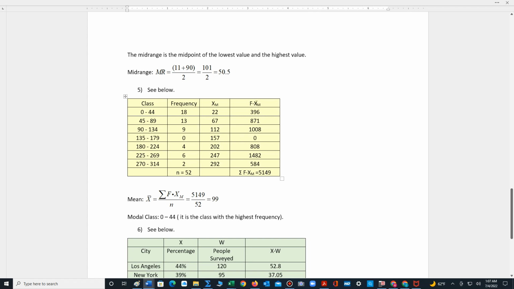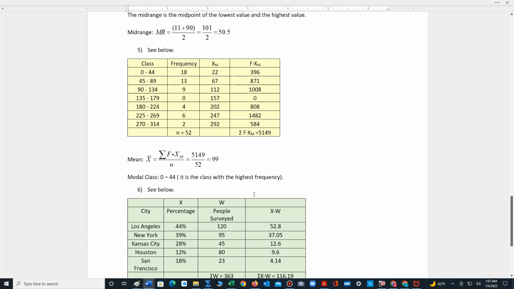Next, to find f times xm, we multiply each frequency times midpoint. We fill in this column. Next, we find the sum of the frequencies, that is n, so n is 52. And then we find the sum of the last column, 5,149. Now we're ready to compute the mean for the group data.